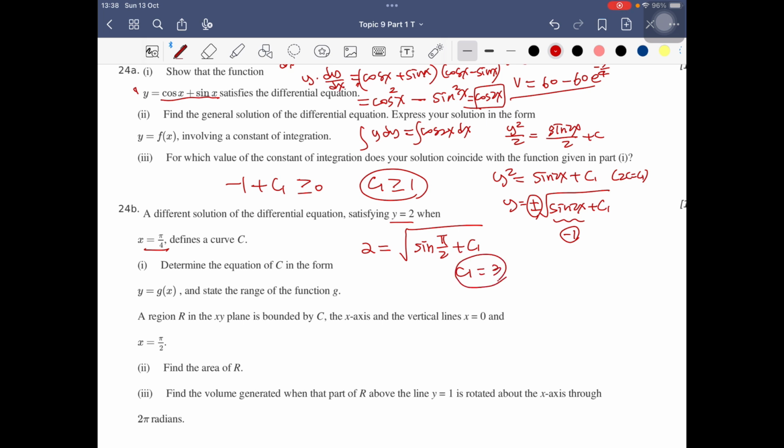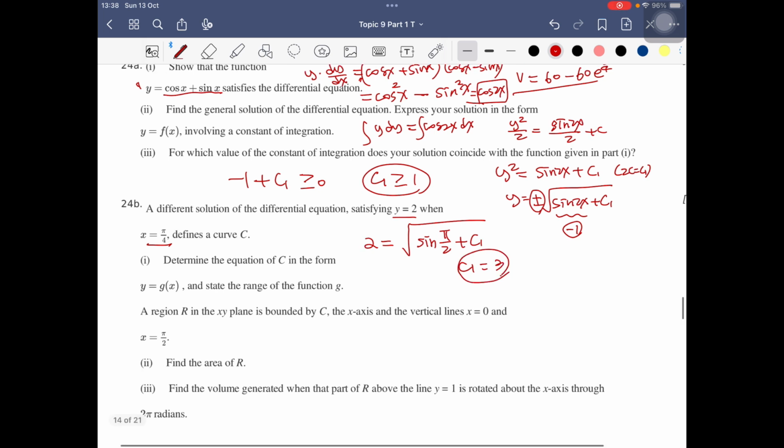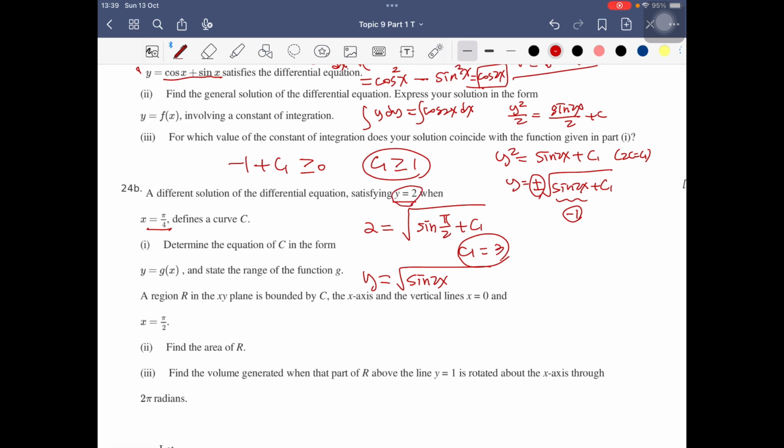And so y becomes the square root of sine 2x plus 3. This is not plus or minus, because if it is minus, we cannot get y equals 2 when x equals pi over 4. So in this case, we use only plus.